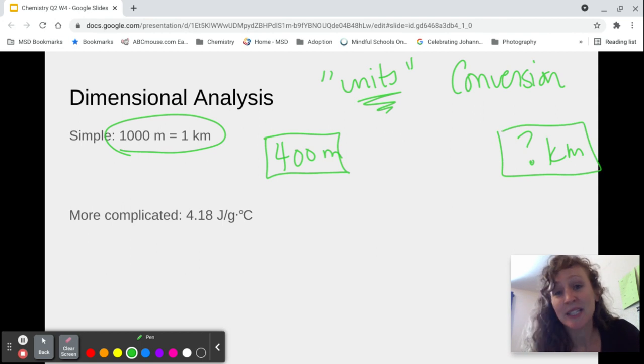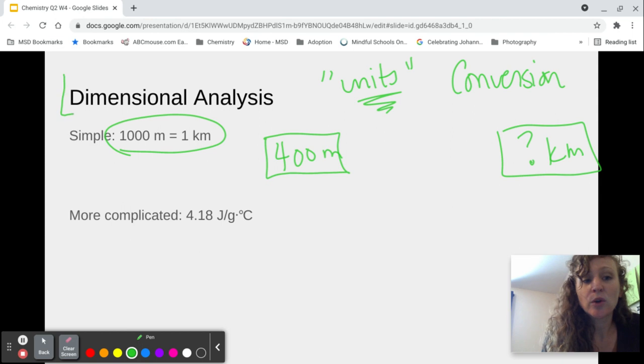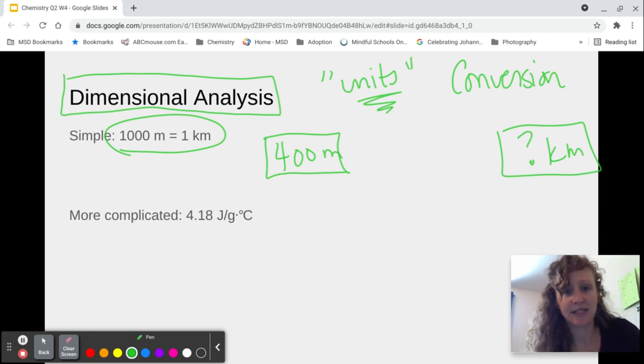Like I said, it's a really simple question, and you probably can come up with a couple different ways to deal with this question. But I want to take this simple question that you already know how to deal with, and I want to show you how we would solve it using dimensional analysis.